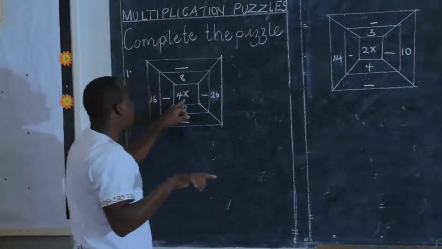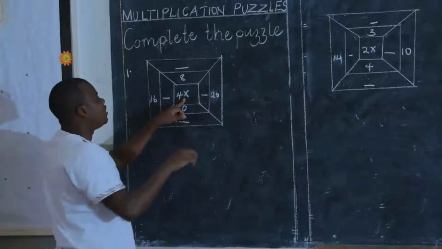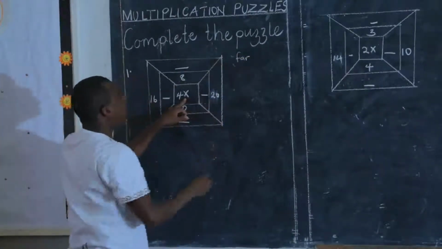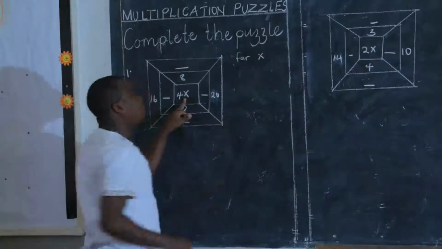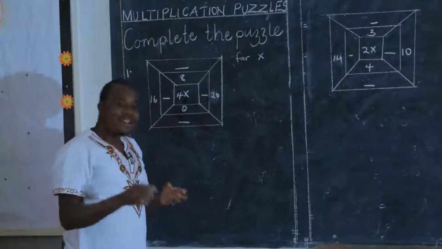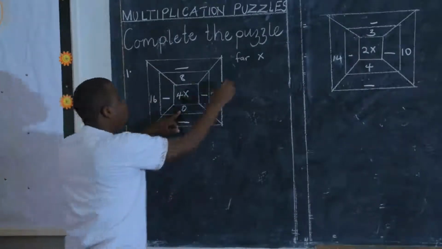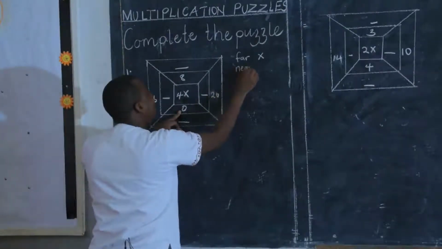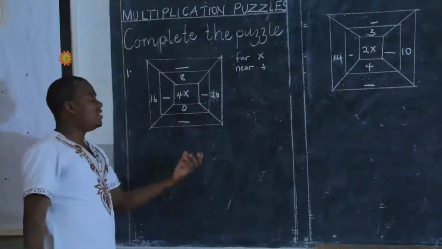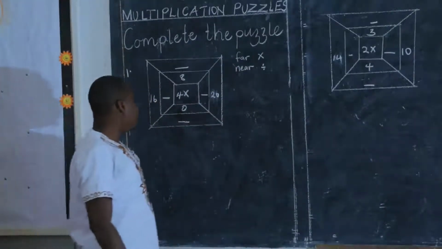We followed what was in the center. So here we are also going to say, when the dash is far, we are going to multiply. This is just a trick. And when the dash is near the center, what shall we do? We are going to divide. Those are the 2 things we are going to use.